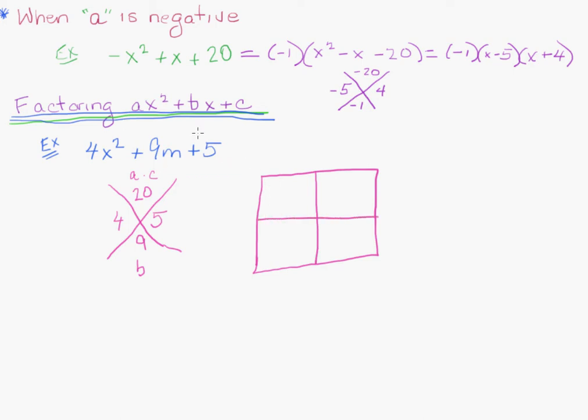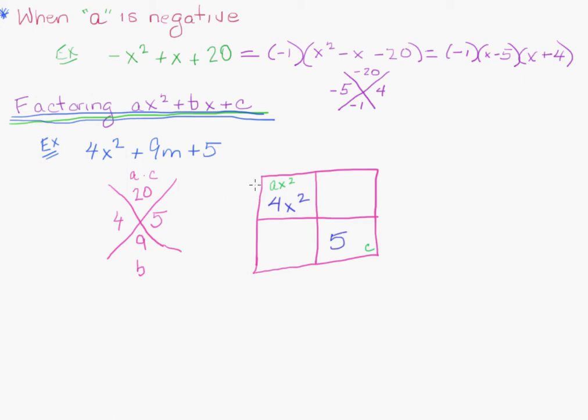In the first quadrant of the box, I'm actually going to put ax squared, and down here, I'm going to put the c value. So ax squared in this case is 4x squared, and I'm going to put the 5 here.